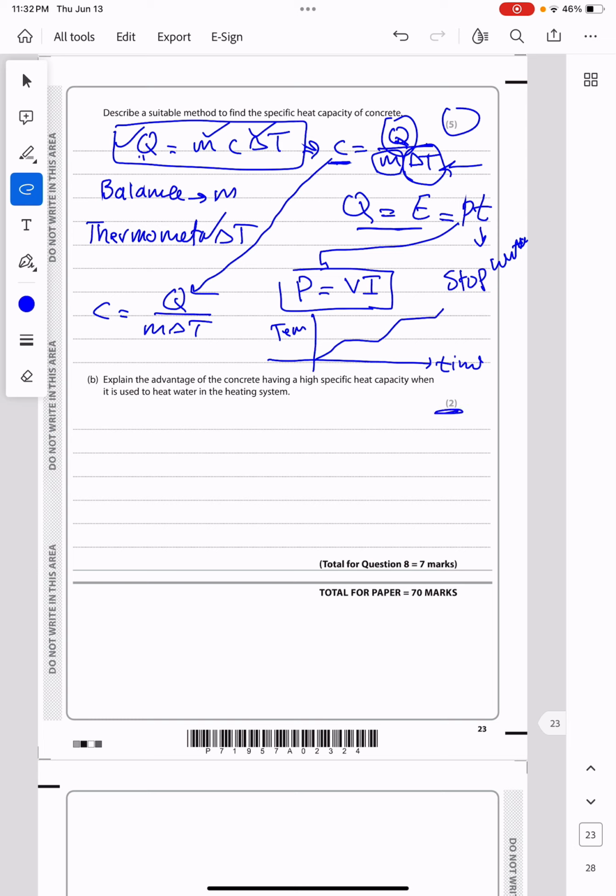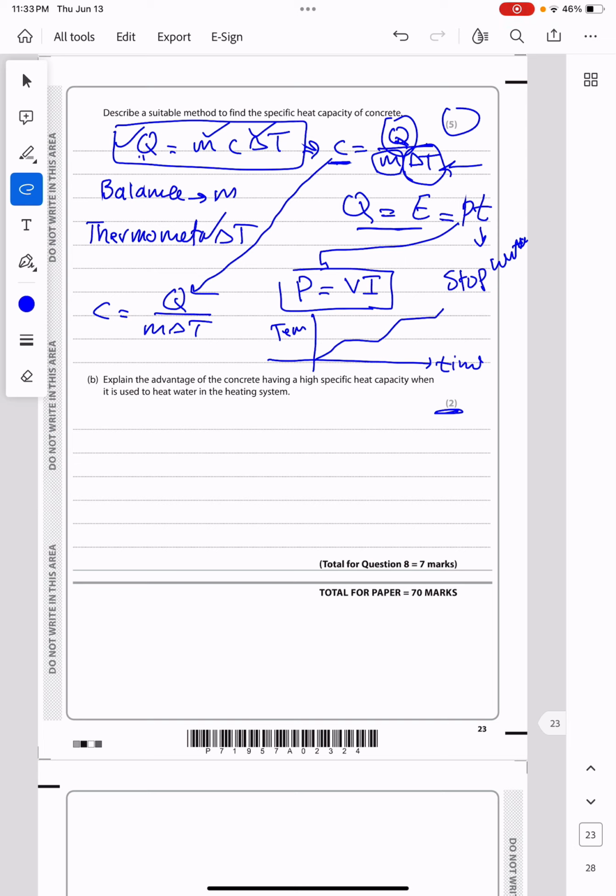Number two, we need a lot of time in order to absorb a lot of energy if you have a high specific heat capacity. And so this concrete will not lose its energy fast. It's gonna take a longer time to lose its energy.